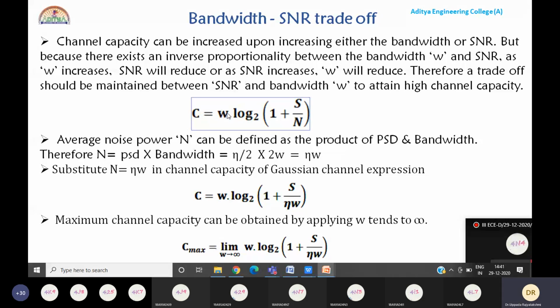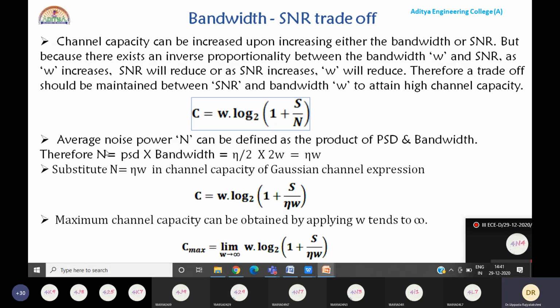So that's why we need to provide a trade-off between bandwidth and SNR to provide high channel capacity. So our intention is to increase the channel capacity C by providing proper bandwidth and proper SNR, so a sufficient amount of bandwidth and a high amount of SNR.